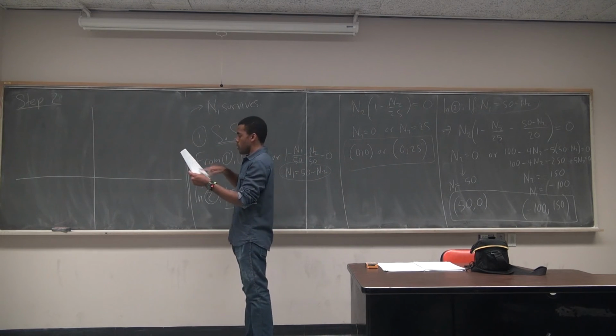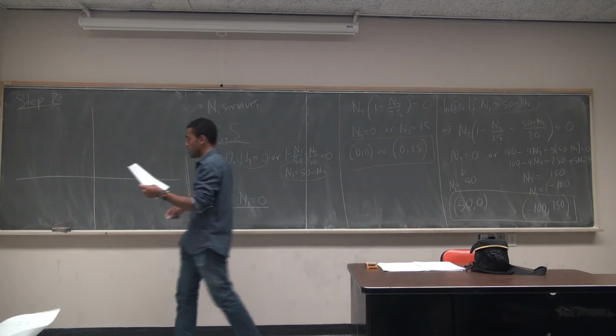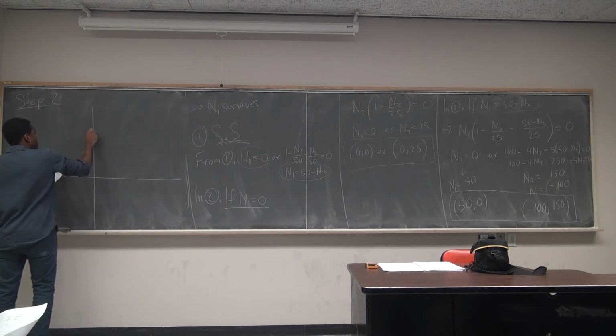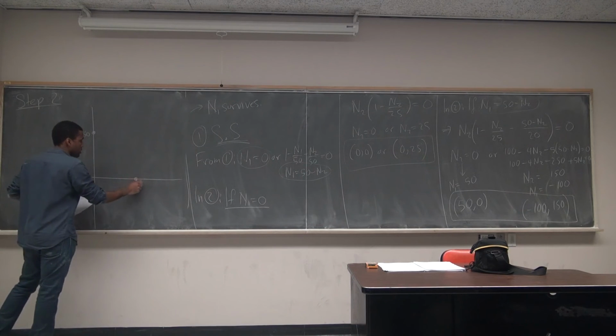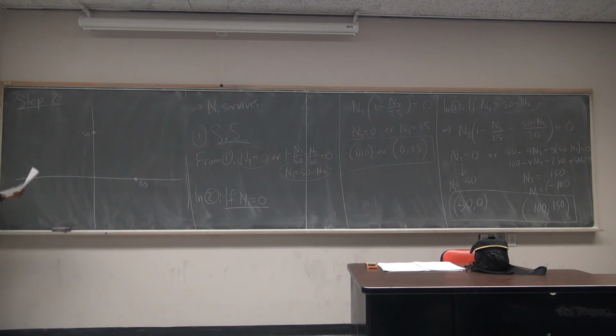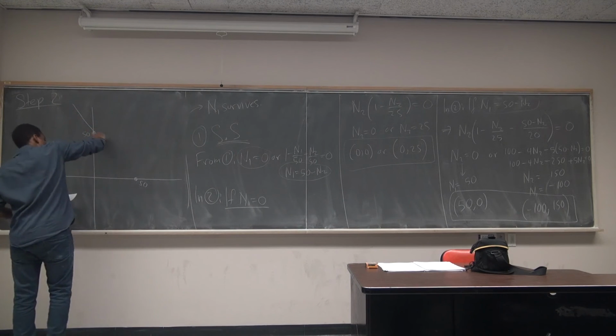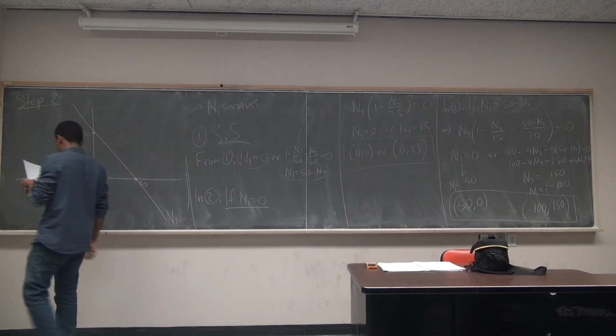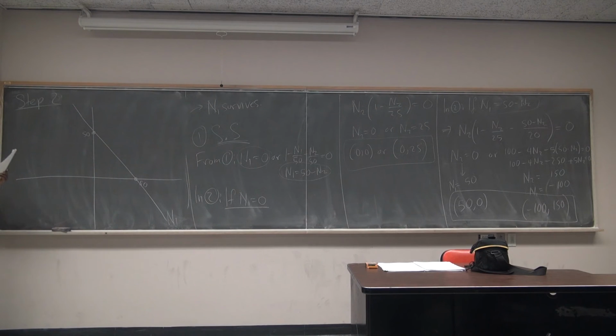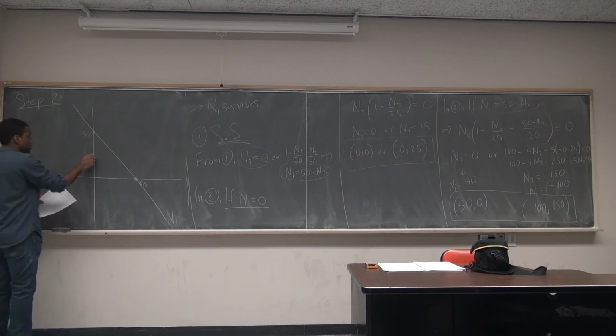Notice that if you cover up n1, you solve for n2, you get 50. And if you cover up n2 and solve for n1, you also get 50. So this guy here is my n1 nullcline. In the second line, if I cover up n1, I get n2 equals 25.